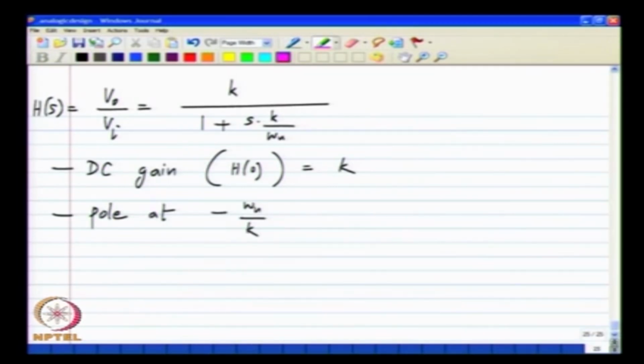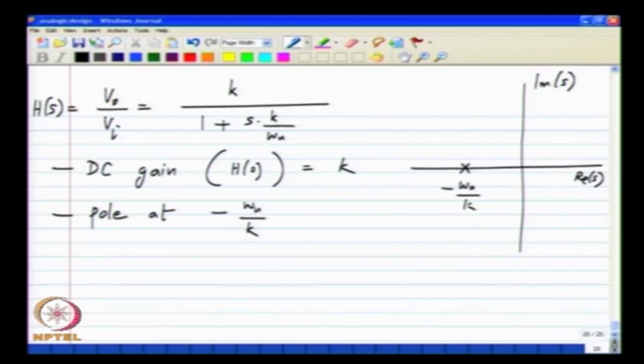The pole is the value of s at which the denominator becomes equal to 0. So, you can easily see that for s equal to minus omega u by k, the denominator becomes equal to 0. So, this is a first order system and we have a single pole at minus omega u by k. So, if I draw it on an S plane where I show the real and imaginary parts of S, there is a single pole on the negative real axis, and it is at minus omega u divided by k.